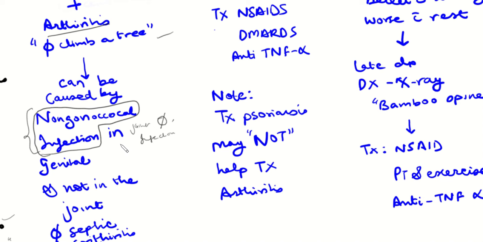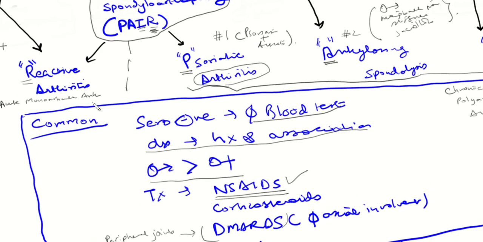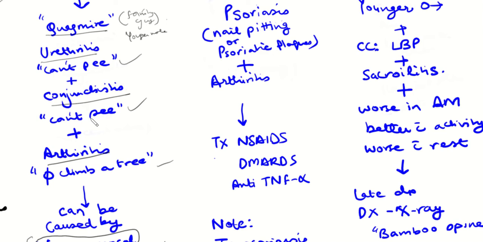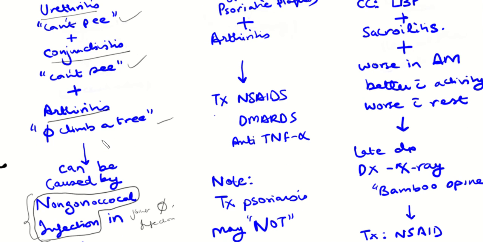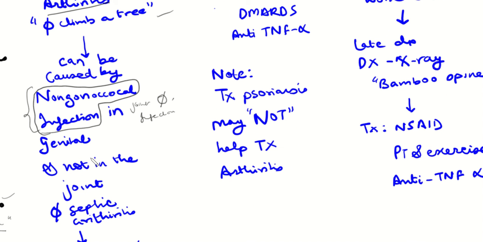Okay. So again, patient comes in, acute monoarticular arthritis, can't see, can't pee, can't climb a tree. Urethritis, conjunctivitis, arthritis. It is caused by an infection elsewhere, and one of the infections is non-gonococcal infection in areas where you can have an STD or a non-gonococcal infection.